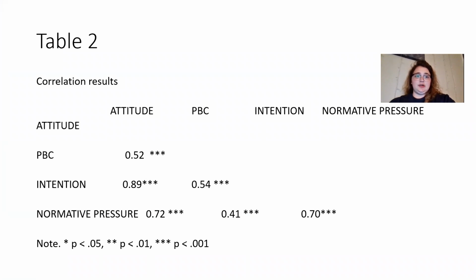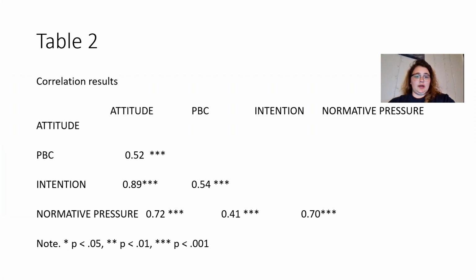So Table 2 here shows our correlation results. So you can see attitude and PBC had a correlation of 0.52, attitude and intention had a correlation of 0.89, attitude and normative pressure had a correlation of 0.72, PBC and intention had a correlation value of 0.54.